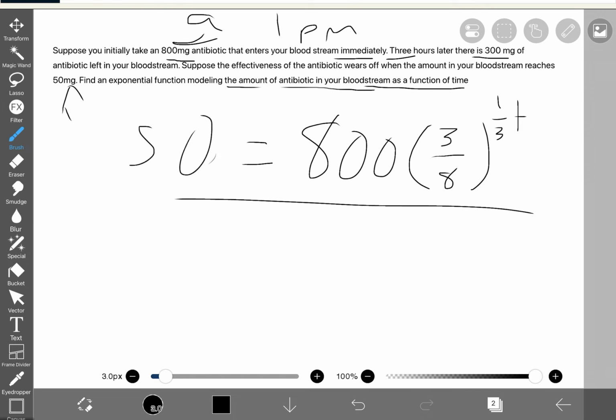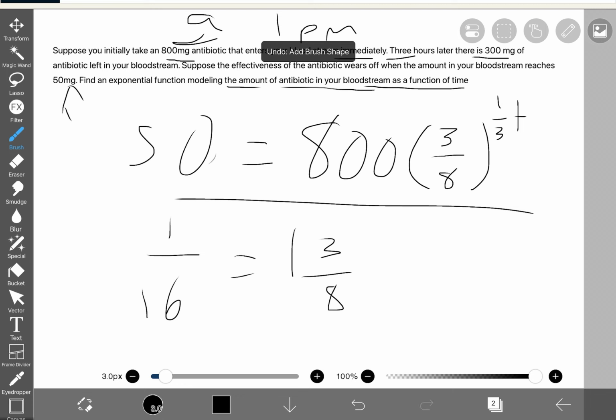Now, this math isn't all too hard. 50 over 800 is going to simplify to 1 over 16. So we're just going to take this divided by that to get rid of some of the extraneous factors on each side. So 3/8 to the 1/3 t equals 1 over 16.